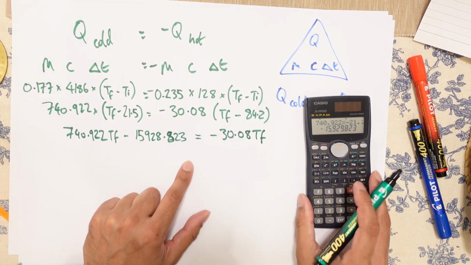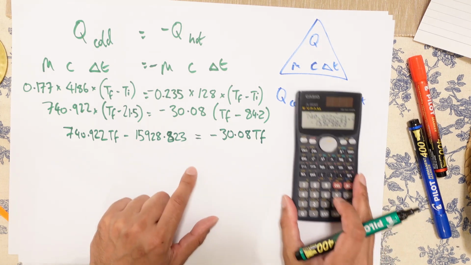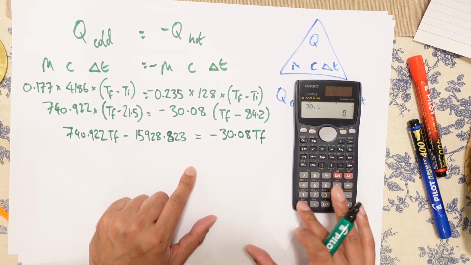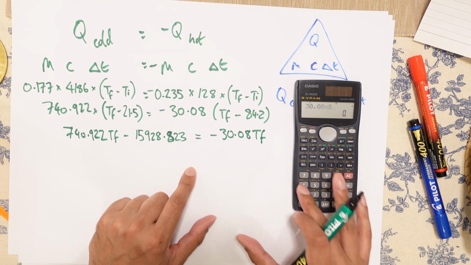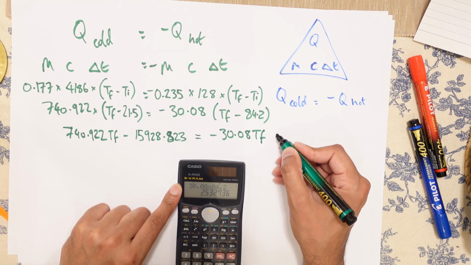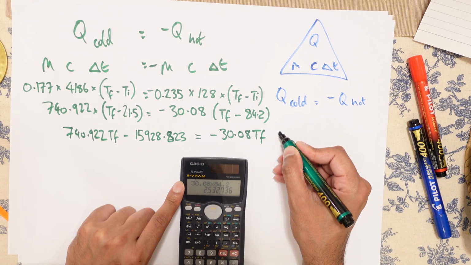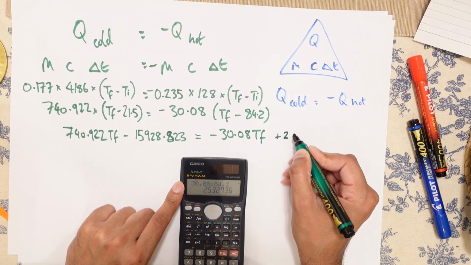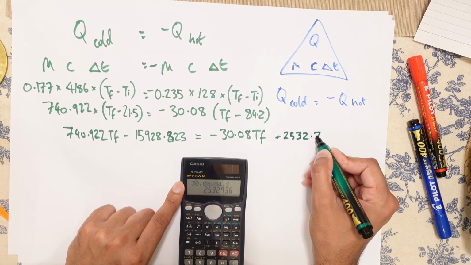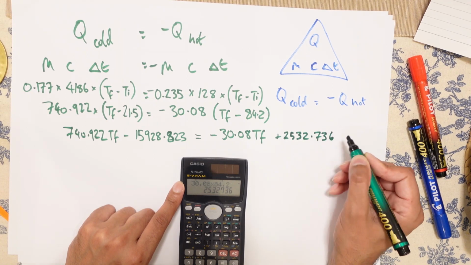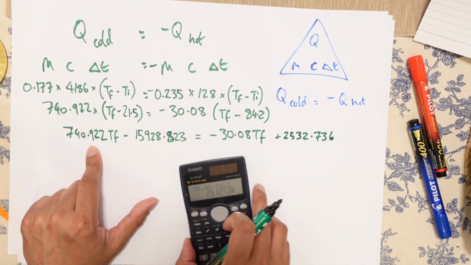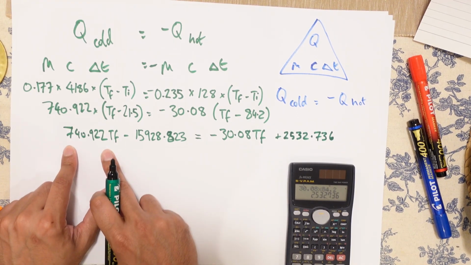So that multiplied by that. Now minus times a minus is a plus. So we're going to do 30.08 multiplied by 84.2, which is 2532.736.